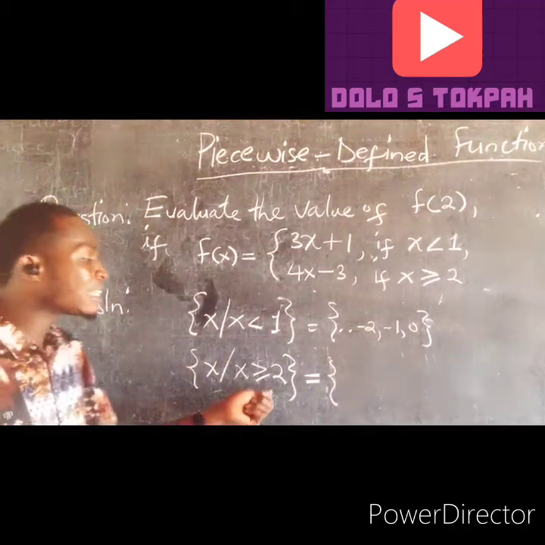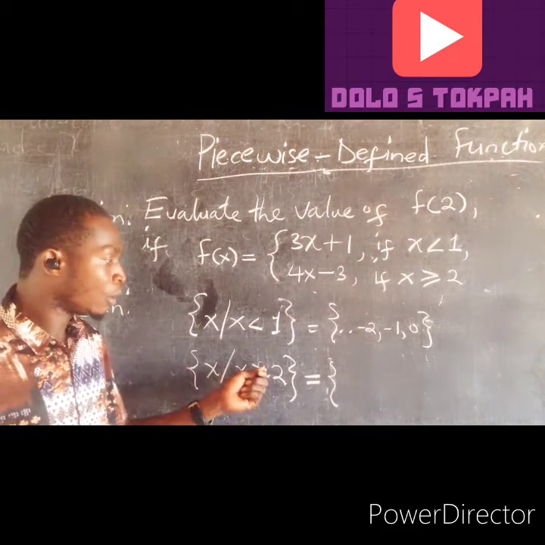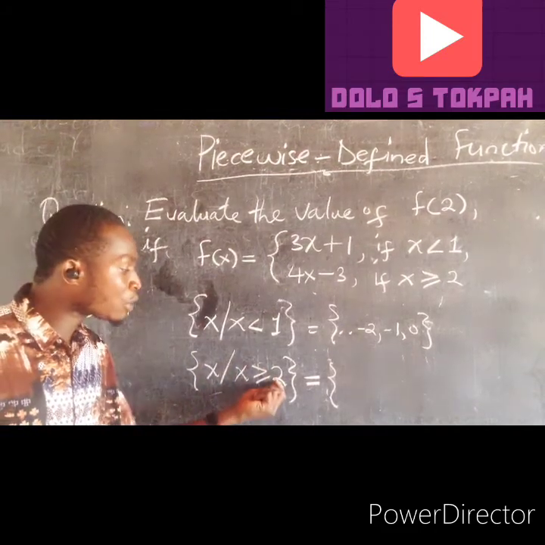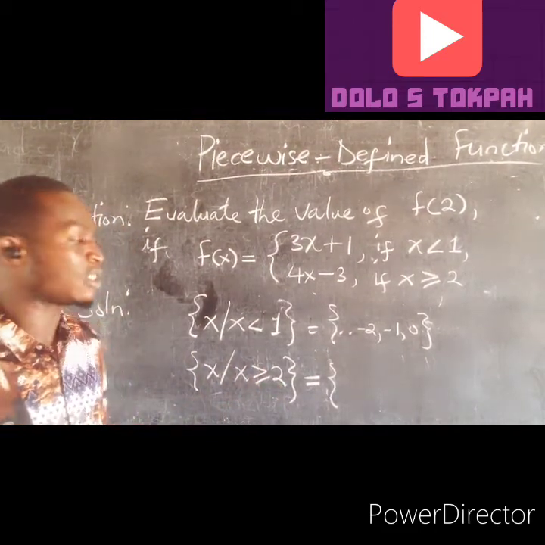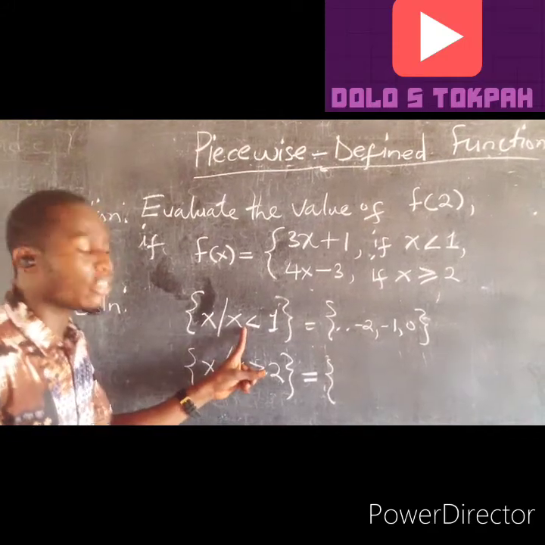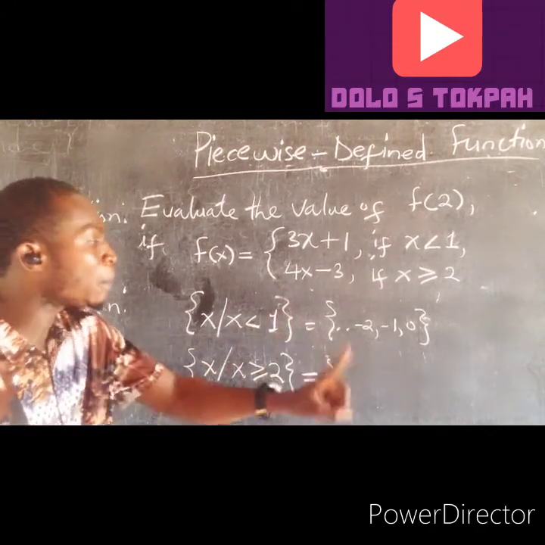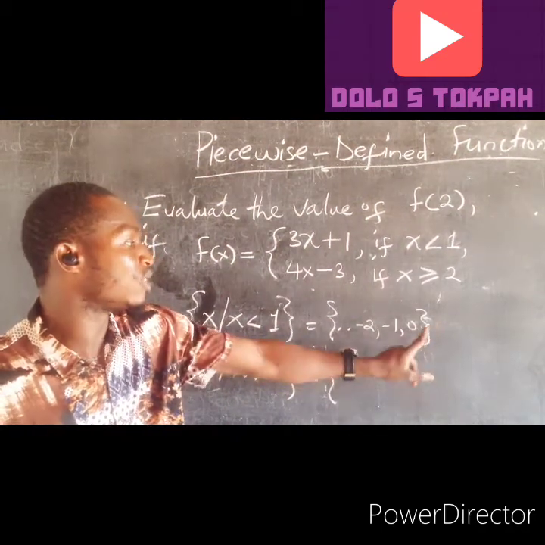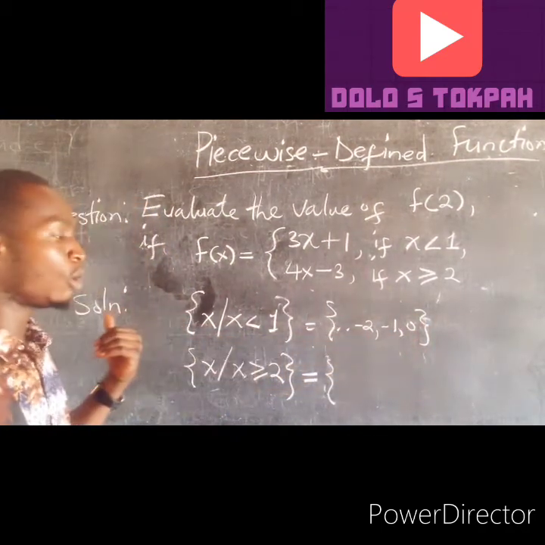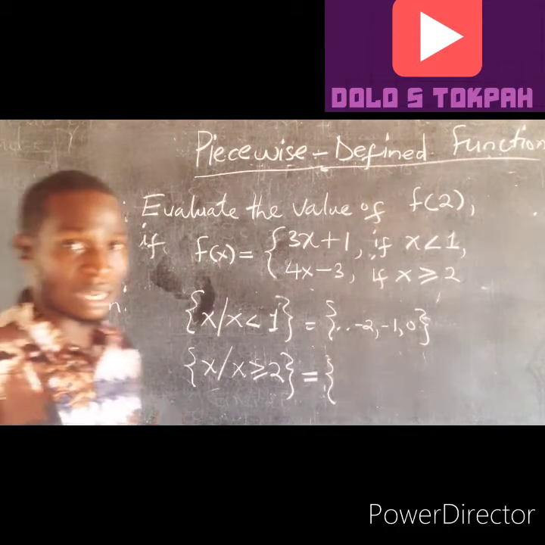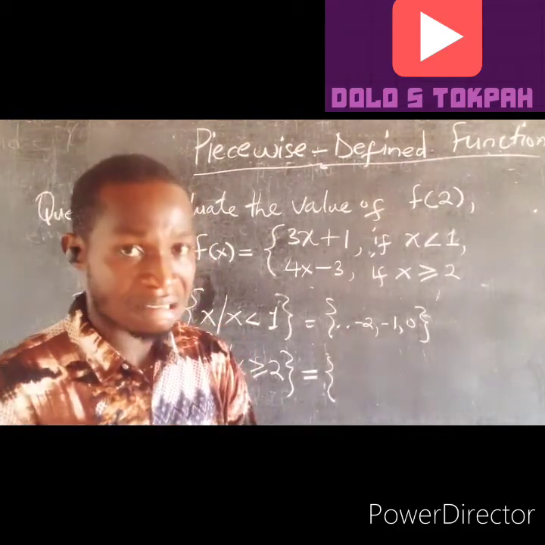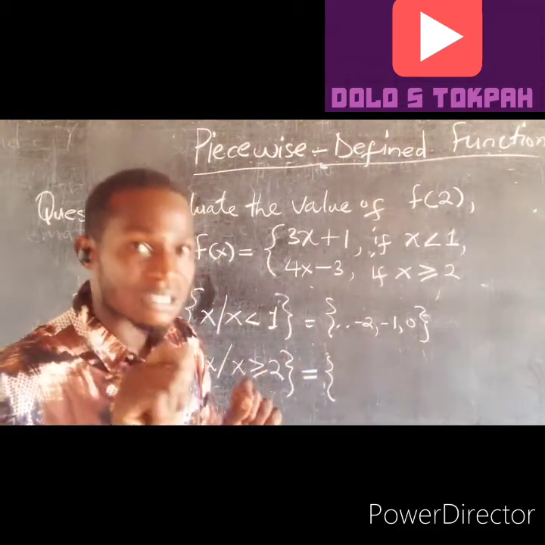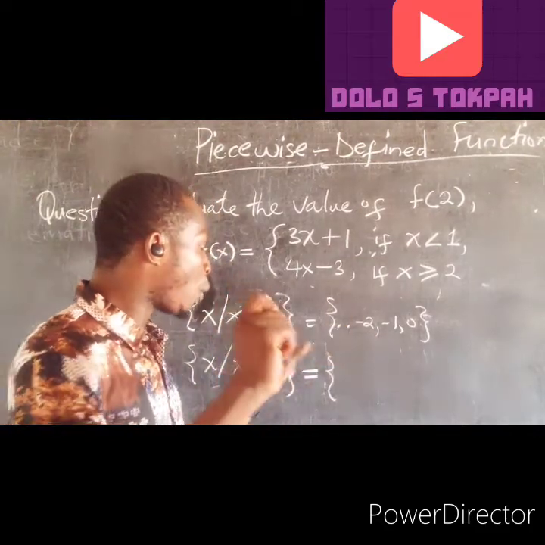This means it is inclusive: greater than or equal to means positive 2 will be part of the solution set. The other is exclusive, meaning 1 will not be part of the solution set. From 0 downward to the left side of the number line, the negative side, are numbers that are less than positive 1.